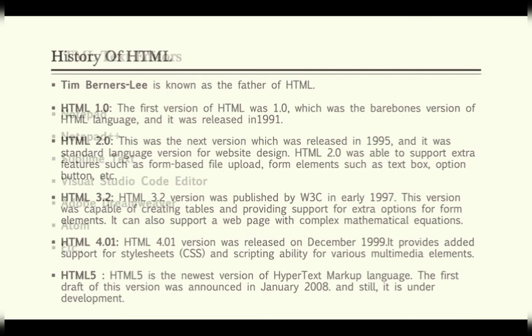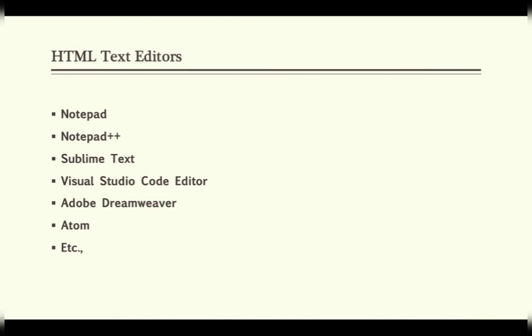So for creating an HTML program, what are all the editors we need? We can use basic editors like Notepad, Notepad++, Sublime Text, Visual Studio Code, Adobe Dreamweaver, Atom, etc. Based on the platform, we can use a lot of text editors.